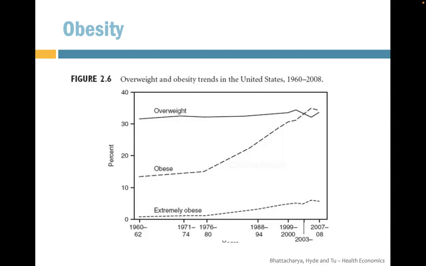Extremely obese has also increased a lot, but this graph is kind of deceiving. If you think of it as an increase in percentage, it probably is as severe as the problem of obese, while overweight remains relatively the same.